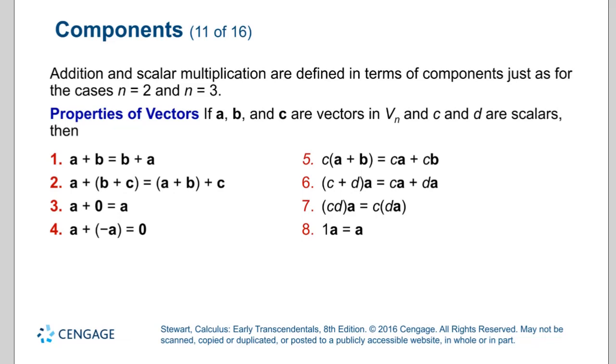We have a plus b equals b plus a. We can shift things around and add up in different orders. Adding 0 doesn't change it. Adding the opposite, the negative version, cancels it out. Multiplying, we can do distribution. If there are multiple factors, I can do the multiplication in any order, and multiplying by 1 gives me the exact same thing I started with.